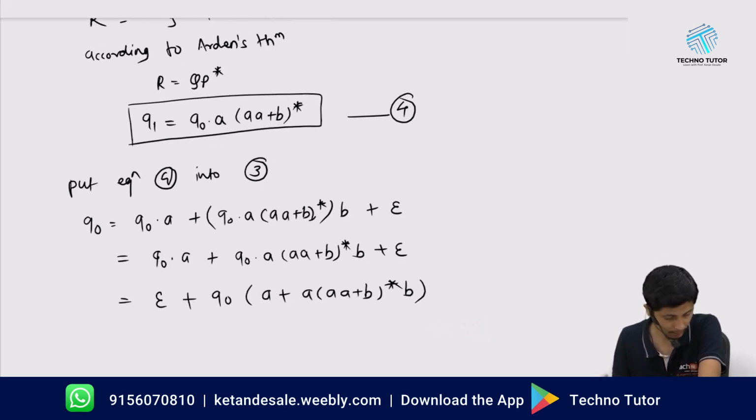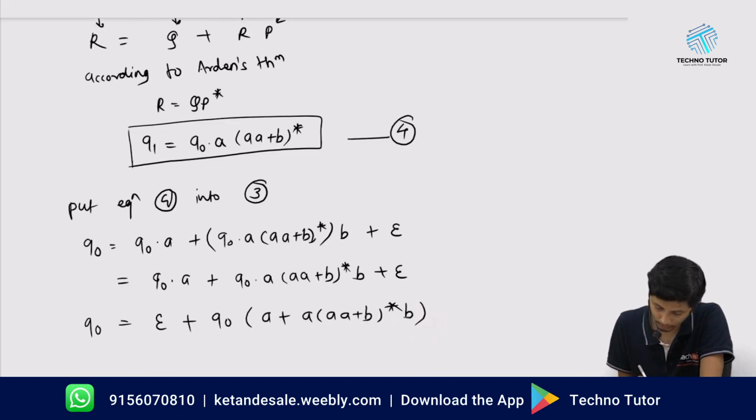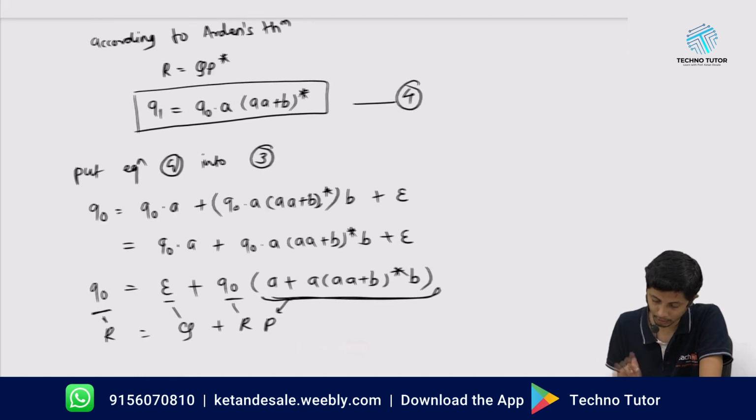A plus A into A plus B raised to star dot B. So again we will map this. R is equal to Q plus RP, where this is R, Q, here R, and this combined term is your P. So it will be QP star.